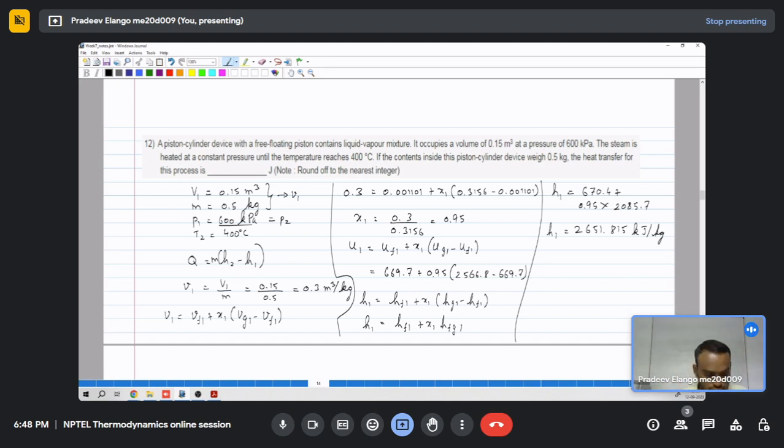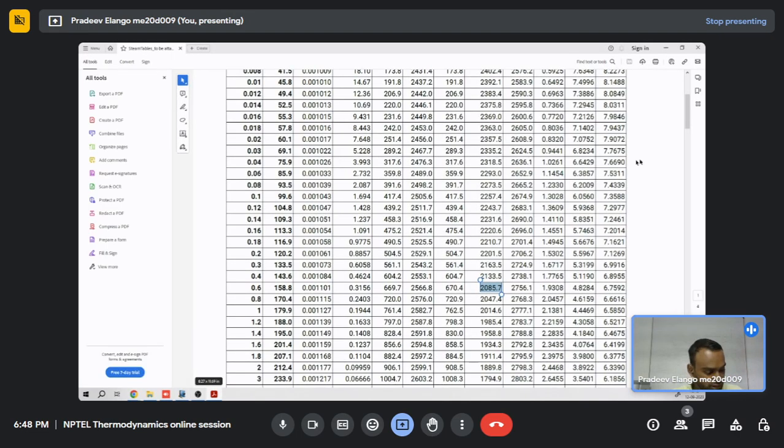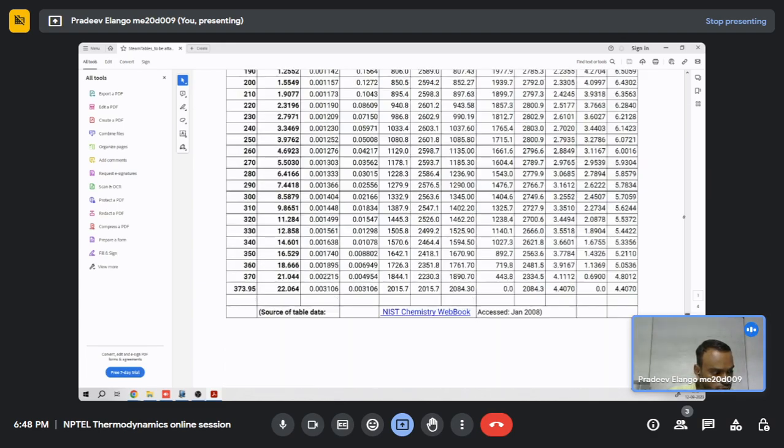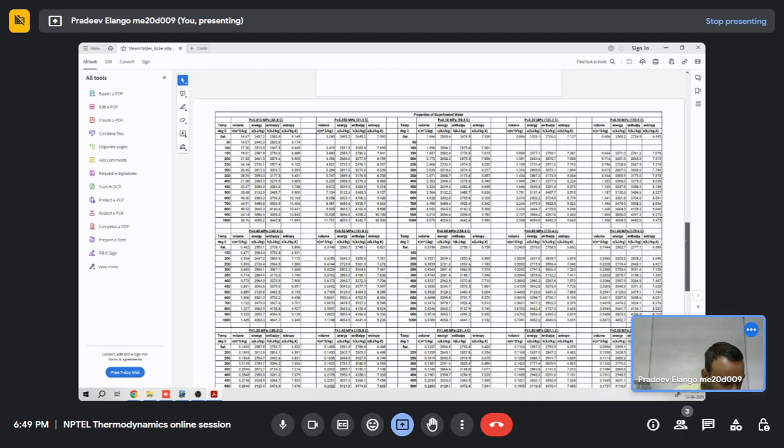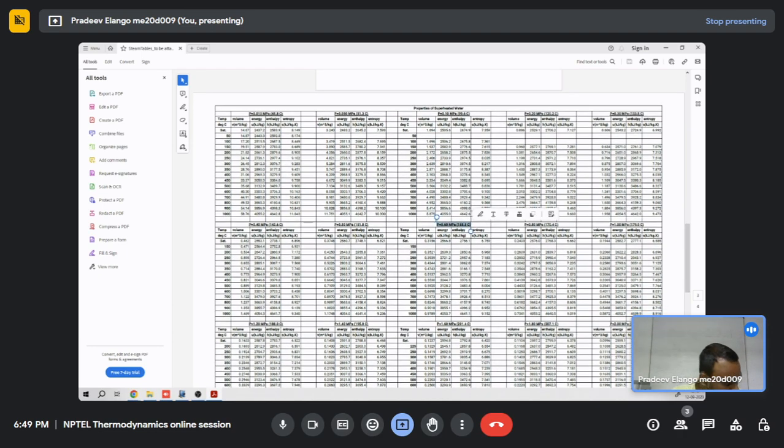Now at state 2, it is heated to a temperature of 400 degrees Celsius while maintaining the same pressure, that is 0.6 megapascal. So we know the saturation temperature is 158.8 for this pressure. So this 400 degrees Celsius should be superheated steam, so that can be obtained from the superheated table.